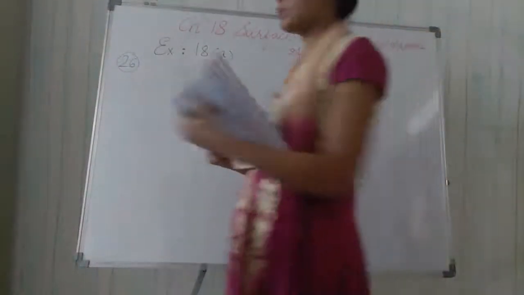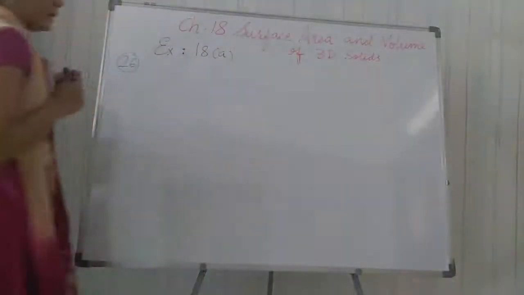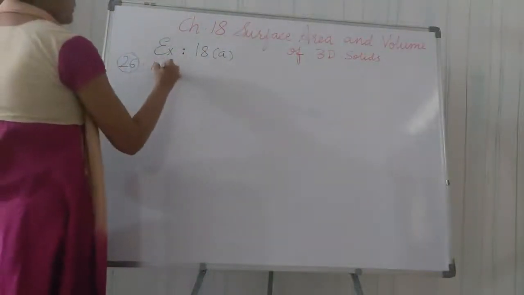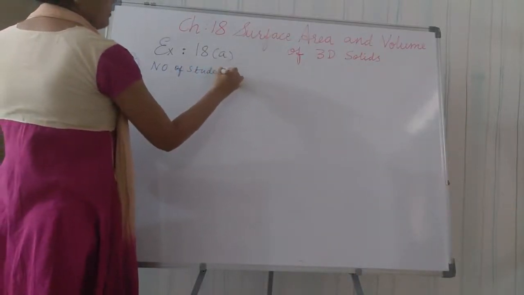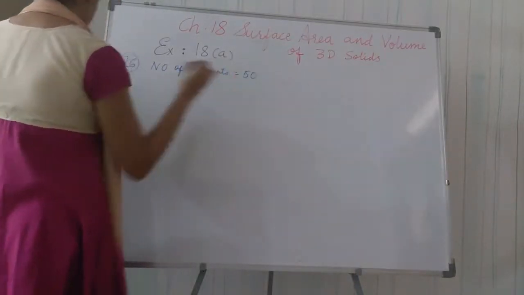Okay students, first of all, the things we are given, we are writing here. The number of students we are given is 50.